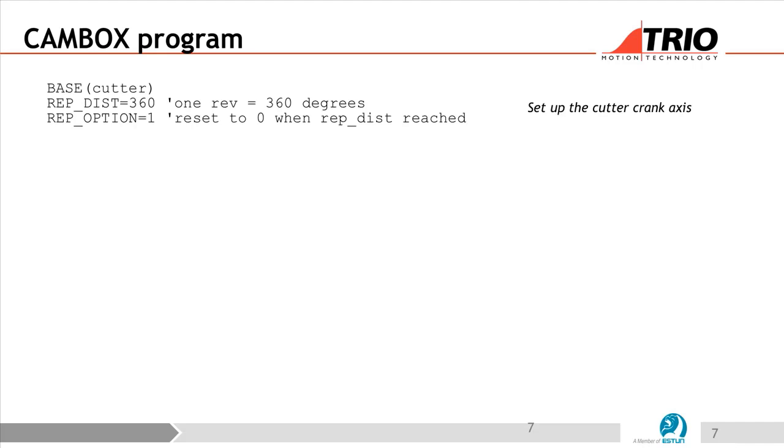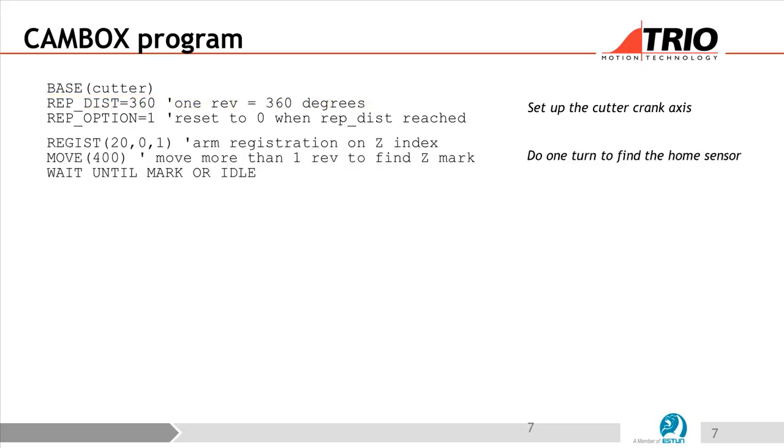And this is one of those PowerPoints that goes step by step. So there you are, there's the setup. Again, you're setting 360 degrees for the cutter, so it's 1 revolution. And we're setting up registration to find the home sensor, or the Z mark in this case. It's doing a little bit more than 1 turn, move 400, just to be sure, just in case you were actually on the mark when you start, so make sure it actually finds it again.